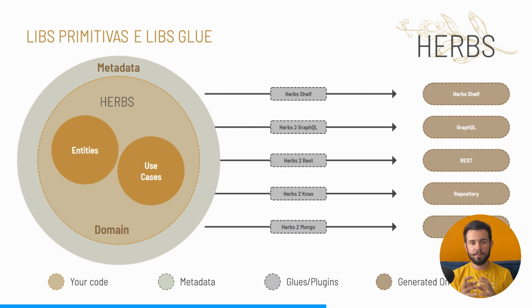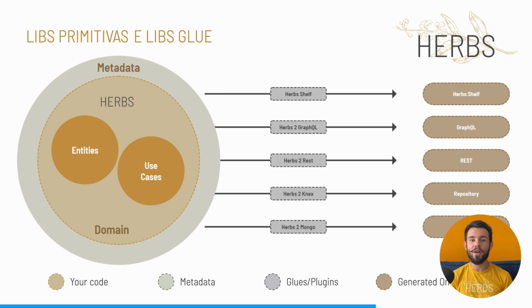So how does it work? We have a core library that lets us construct our use cases and our entities. This core library generates metadata that other libraries can use to generate or configure your infrastructure. For example, we have herbs2gql that will read your use cases and your entities and generate your schema.